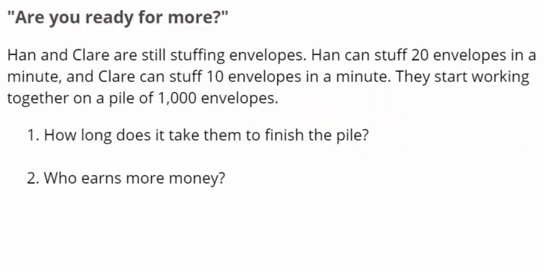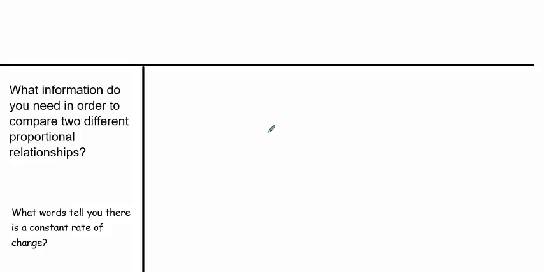Or what is the main thing that would be good to find? So one thing would be to find the rate of change, or unit rate. Right? How much did something change?